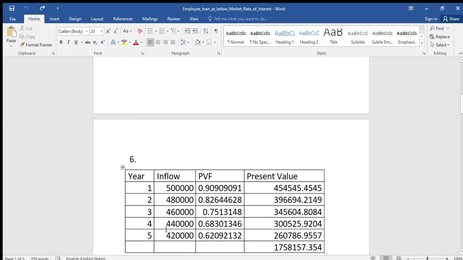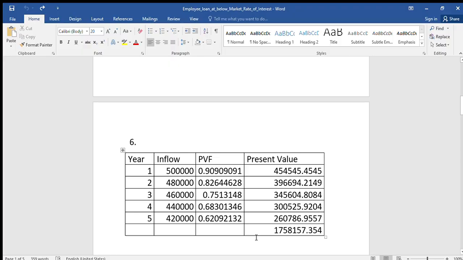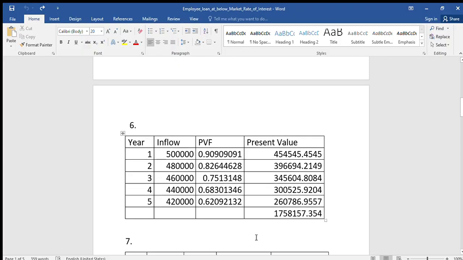For year 4, 4,40,000 into 1 divided by 1.10 raised to the power of 4, that will be 0.683. 4,40,000 into 0.683, 300,525 would be the present value for year 4. And for year 5, 4,20,000 into 1 divided by 1.10 raised to the power of 5, 260,786 would be the present value, and the total of these present values would be 1,758,157.